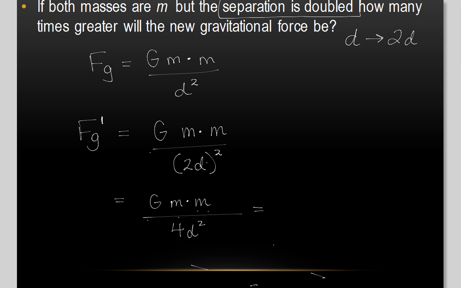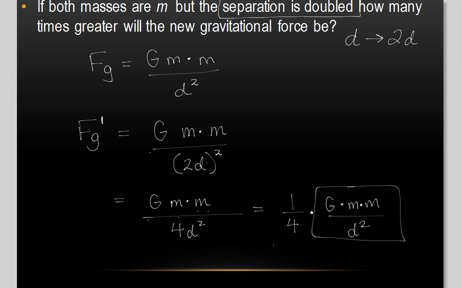Now we just slide the 1/4 out to the front. And we can see here that that's just the original formula that we started with, Gmm over d squared. So we can sub Fg into there.